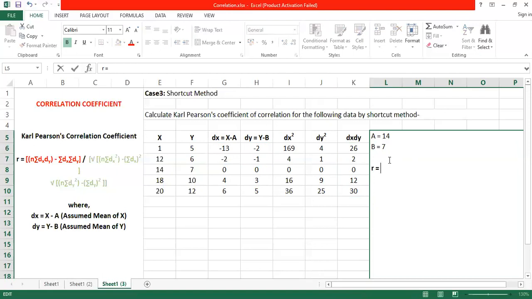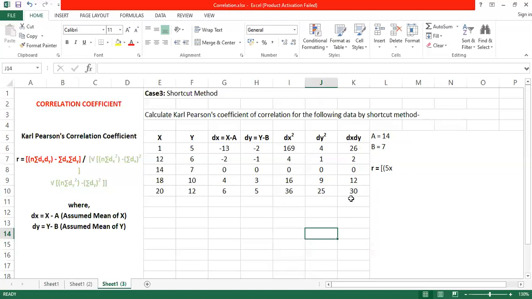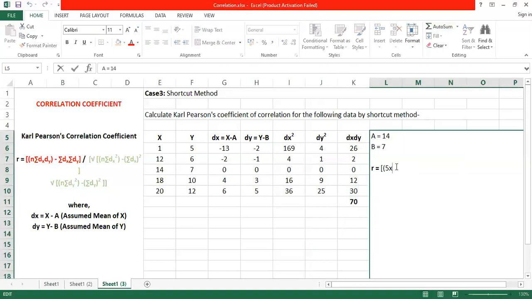R equals n bracket n. How many observations do we have? 1, 2, 3, 4, 5. So it is 5 into sigma dx dy. So we need to get sigma dx dy. We added it up, so this is 70. Right? So 5 into 70.